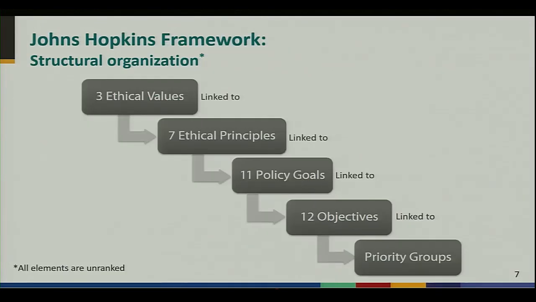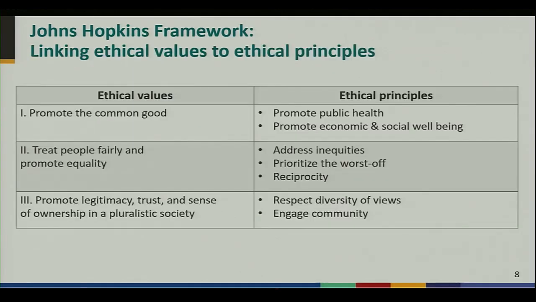The structural organization of the Hopkins Framework includes 3 ethical values linked to 7 ethical principles. These are then linked to 11 policy goals, which are linked to 12 objectives, which ultimately lead to the priority groups. Next slide. While we can't go into detail on each level, the 3 ethical values and 7 ethical principles are shown here. The ethical values include promoting the common good, treating people fairly and promoting equality, and promoting legitimacy, trust, and a sense of ownership in a pluralistic society. Next slide.